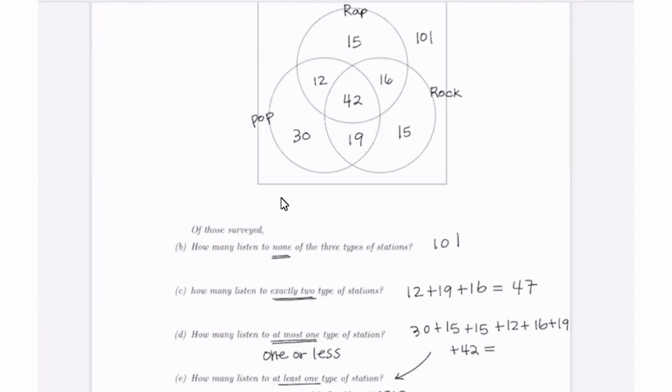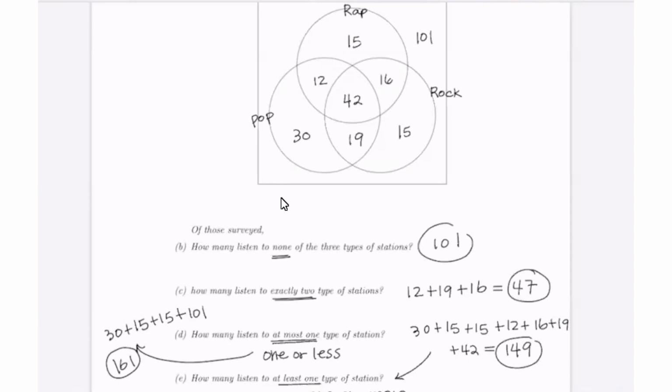Okay, 1 or more is 250 minus 101, which is 149. 1 or less is 161. Okay, 149, 47, and 101.